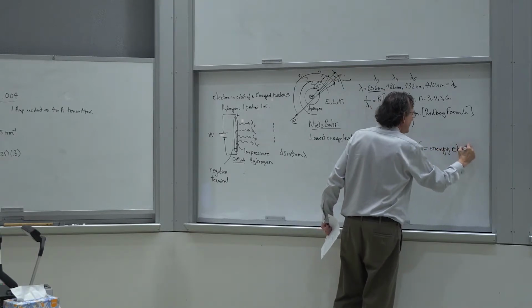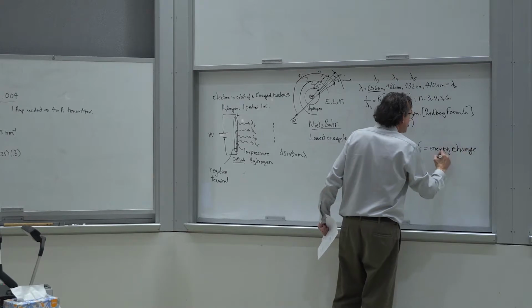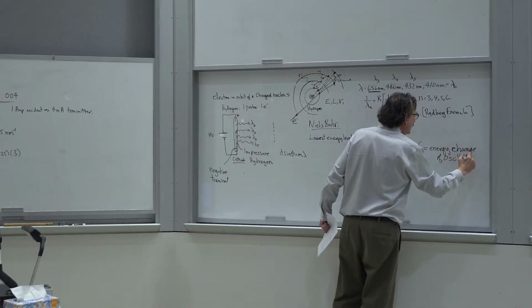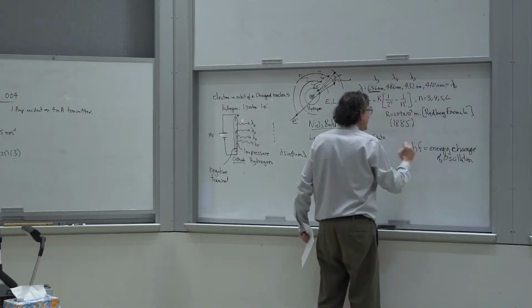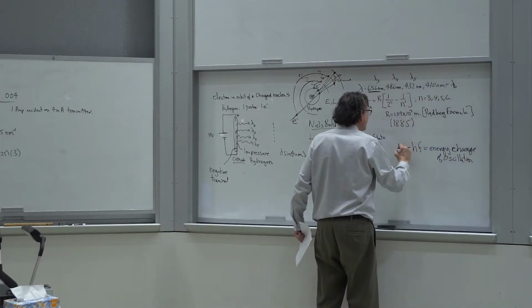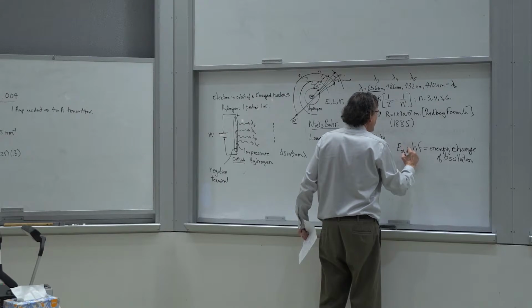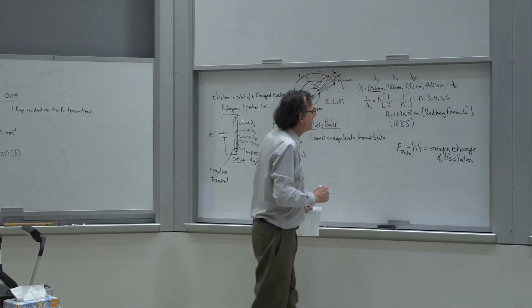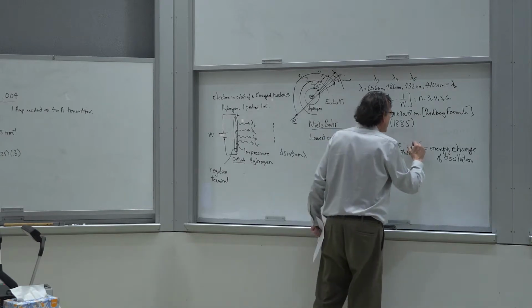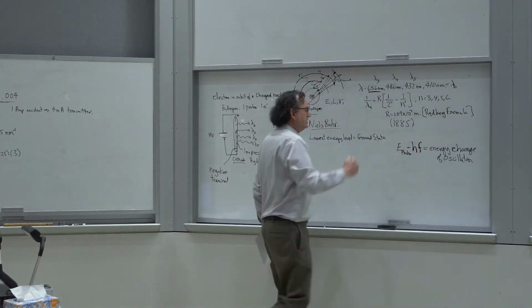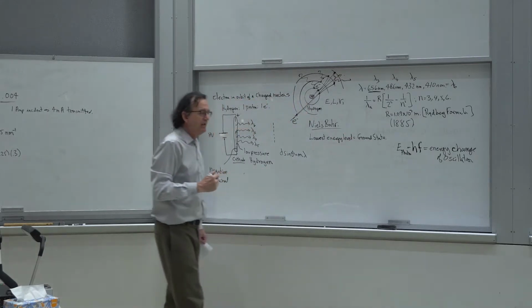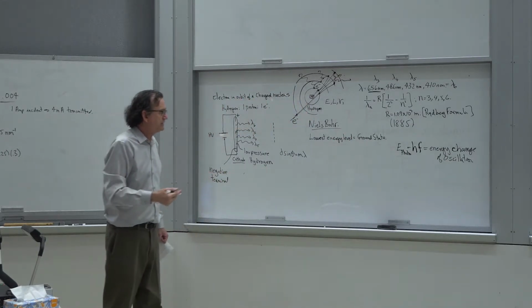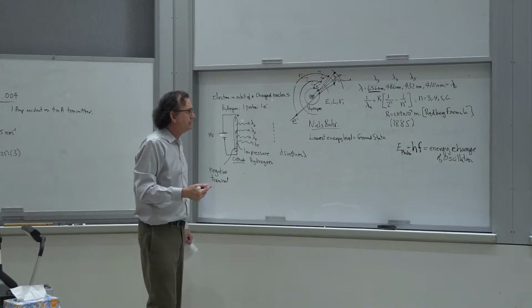When it went down in energy, or gave up a certain amount of energy, hf, then this became the energy of the photon. So the oscillator could lose energy in units of Planck's constant h times the frequency, and when it did that, it gave off a photon. That was similar to what we talked about in the theory of black body radiation.